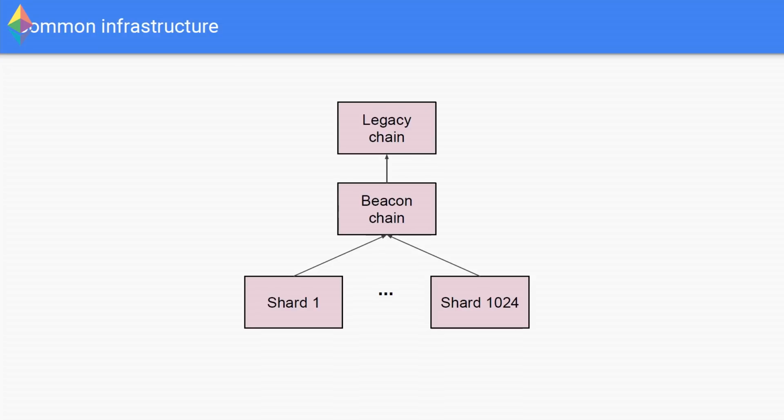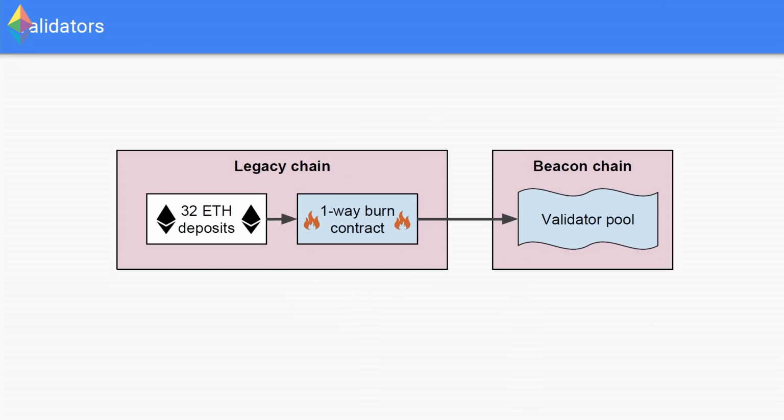OK, so this is in terms of common infrastructure for all the shards. We have the beacon chain in the middle, and the legacy chain plays a much minor role in our design now. OK, so the main thing that the legacy chain does is basically just receive these deposits. And we have what we call a one-way burn contract.